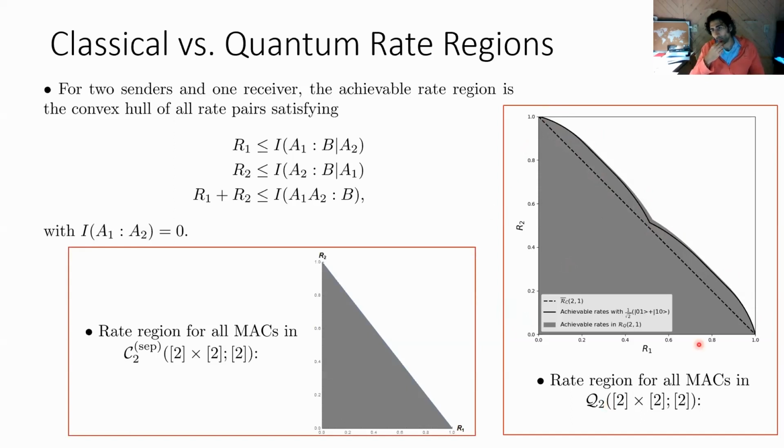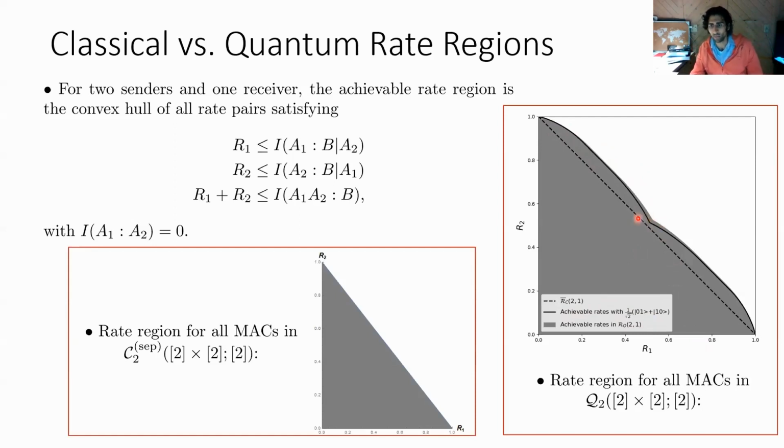And so you're in fact able to achieve a larger rate region using a quantum particle. One thing that surprised us was this dark line here, you might not be able to read in the key, but the dark line is the rate achieved with a maximally coherent state, or a uniform superposition of paths. What surprised us is that you can actually do a bit better if you break the symmetry and work with some asymmetric superposition.